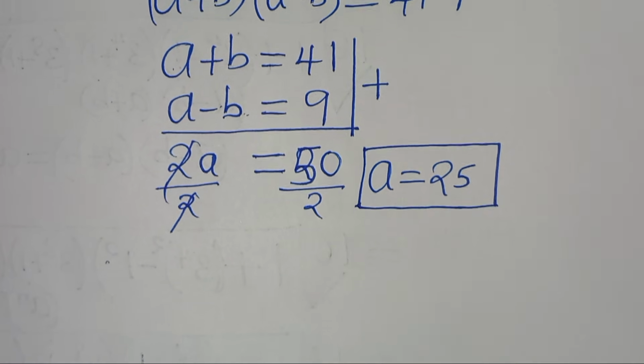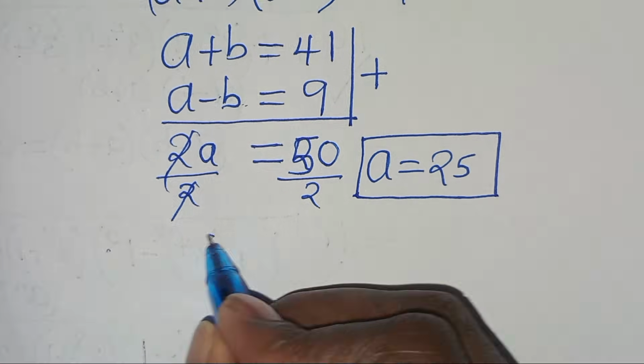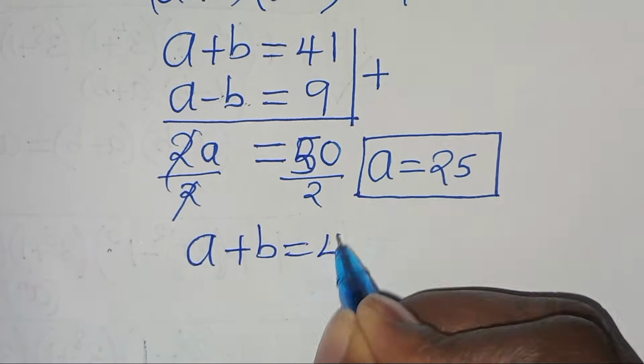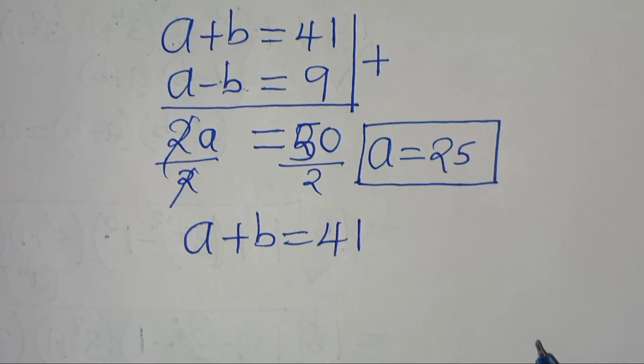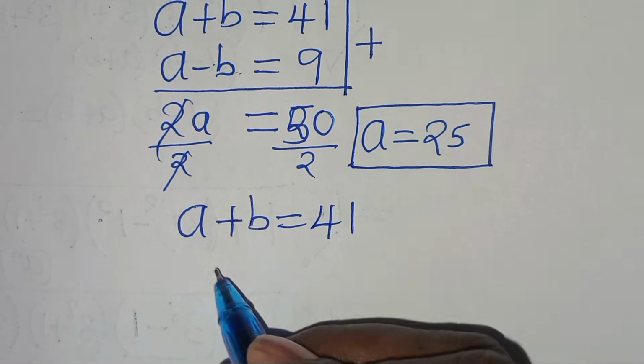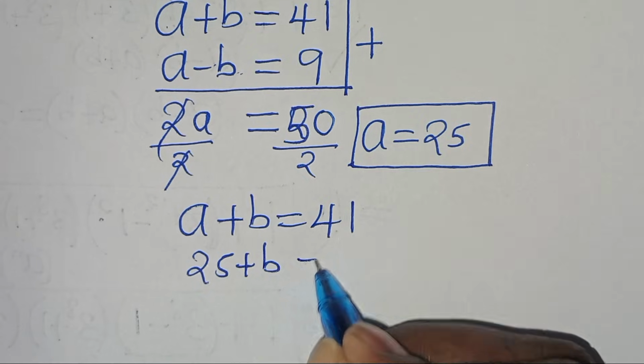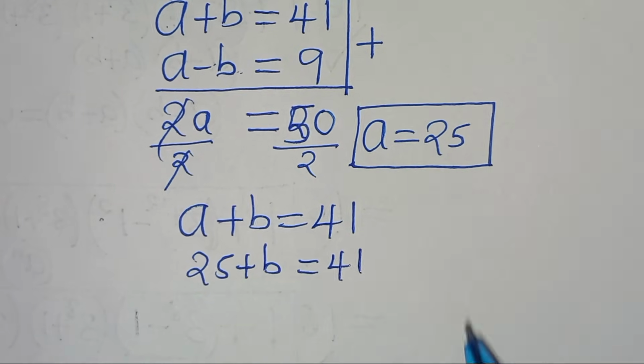So let's solve for the value of b. We have that a plus b is equal to 41. So this implies that here we have 25 plus b equal to 41.